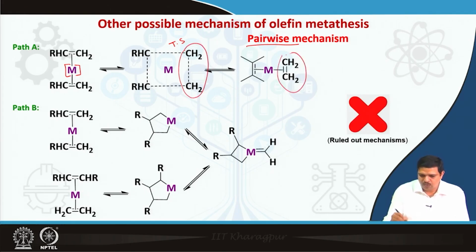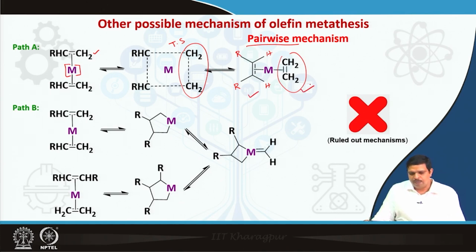This is my ethylene moiety, and this is my R, and this is H and H. So in this pathway, from one alkene we are getting two alkenes, this one and this one. To some extent trans isomers can also be formed, and path B is also a pairwise mechanism and very similar.